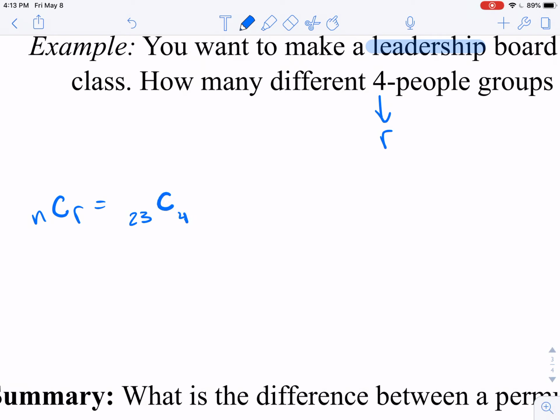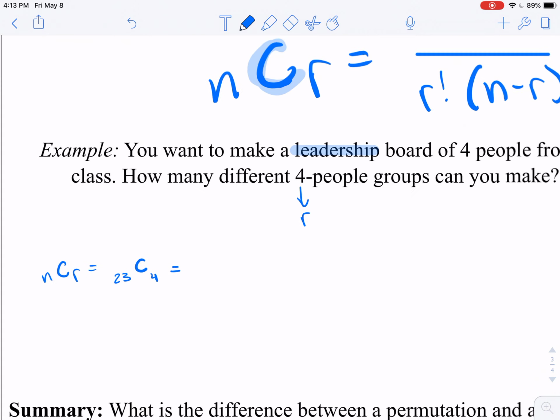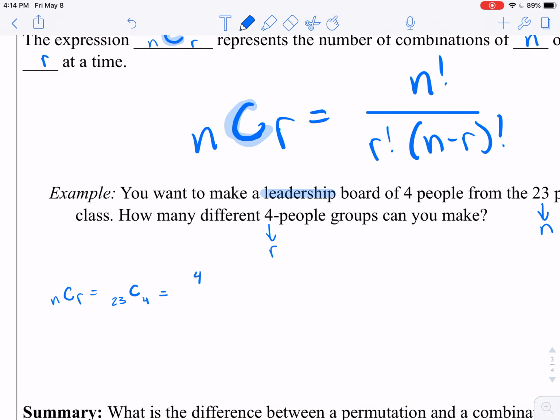According to our formula, it's 23 factorial all over 4 factorial times 23 minus 4 factorial.